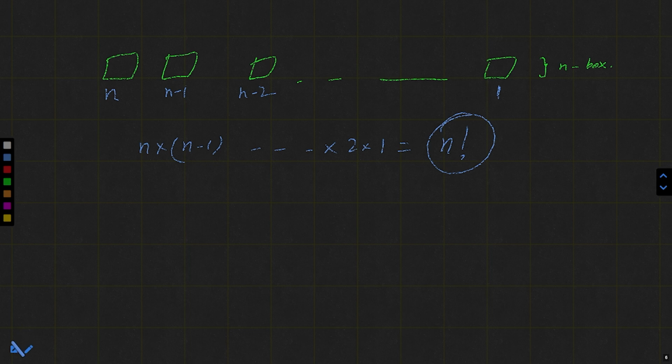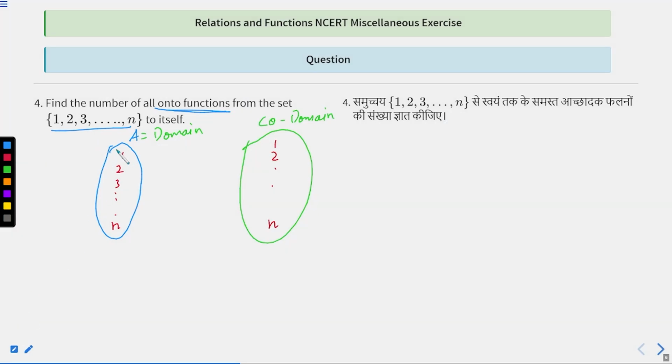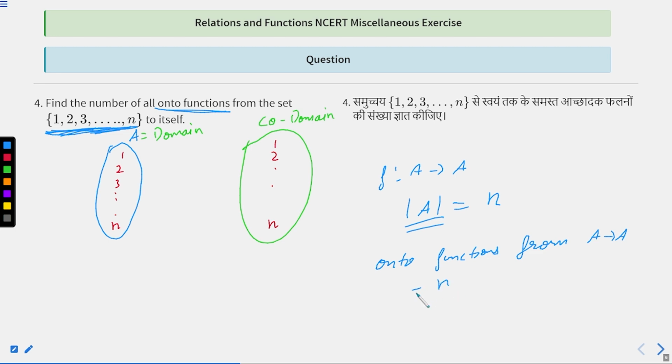So if the cardinality of A, the number of elements in the set A, is n, then the number of onto functions from A to A will be n factorial.